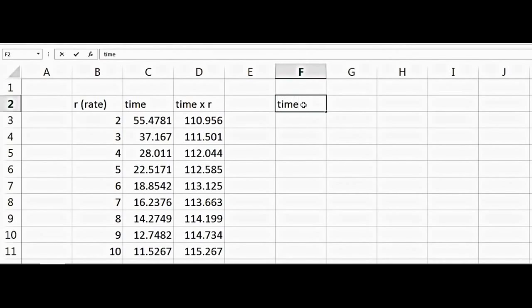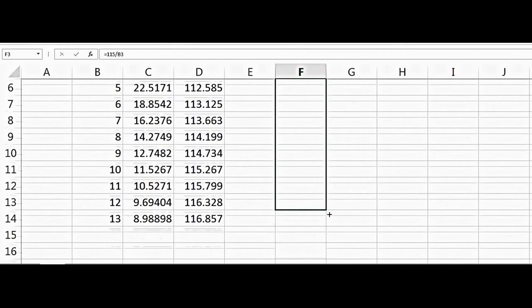Using the trick, we have 115 divided by rate, so that's 57.5 years. If you keep extending it, it's like this.